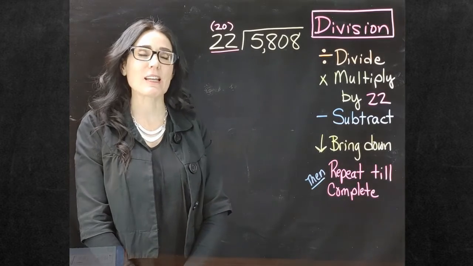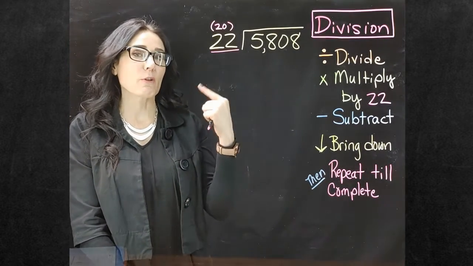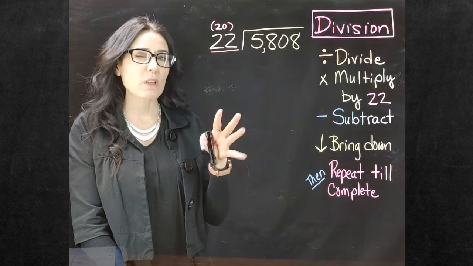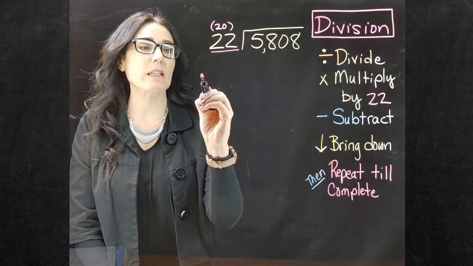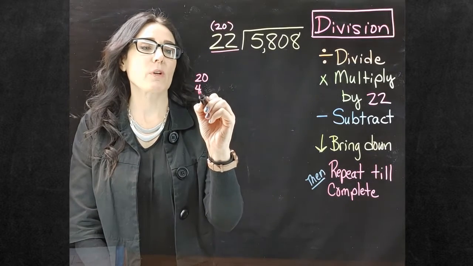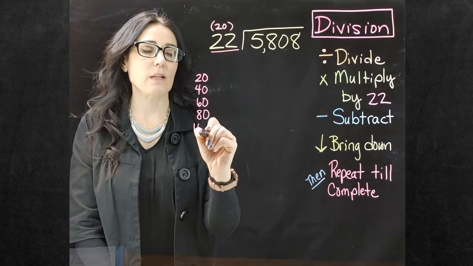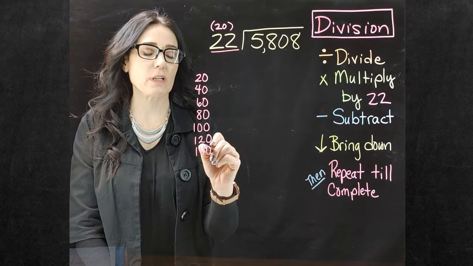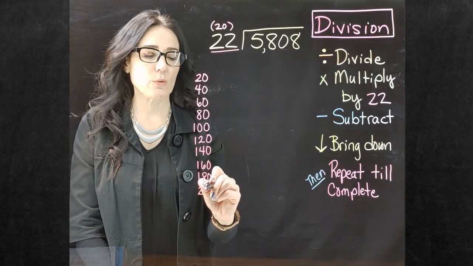So let's get started. For this, I'm going to count by 20s to help me get an idea of how many times 22 will likely go into that large number. 20, 40, 60, 80, 100, 120, 140, 160, 180, 200.